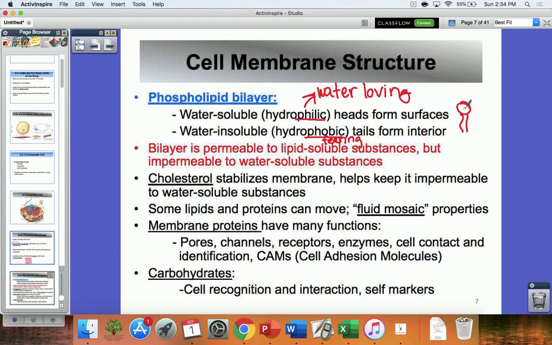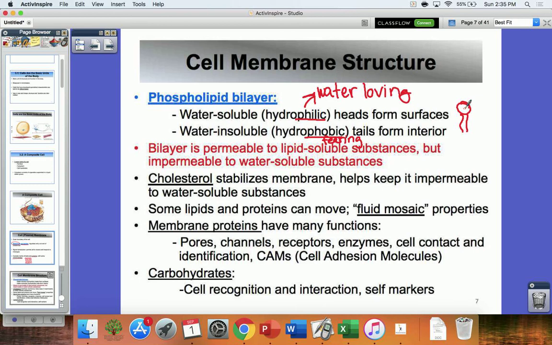Okay, and so the bilayer is primarily going to be permeable, which means it's going to allow certain things in, those that are lipids, but it is impermeable to water soluble substances. So those that are water soluble may need some type of carrier protein to allow them to come in.